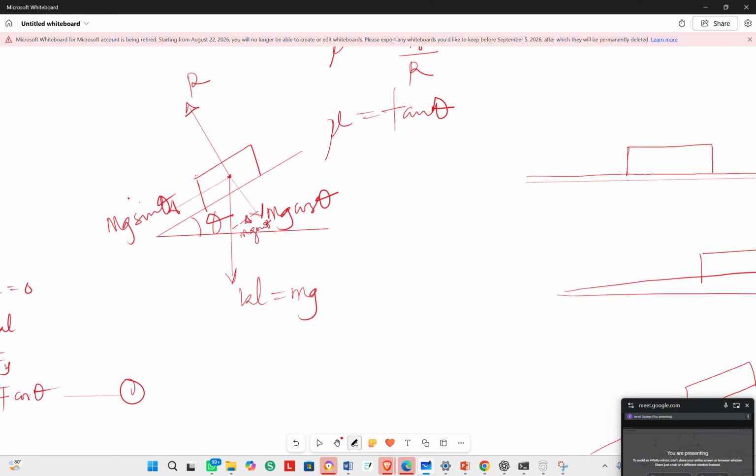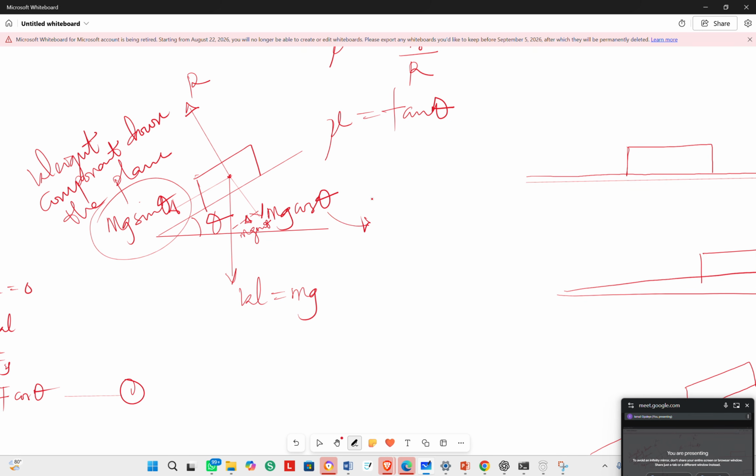It is equivalent to what you are having here as well. So this is the mg sin theta here, and this is the mg cos theta acting down here. This mg sin theta, we call it weight component down the plane.